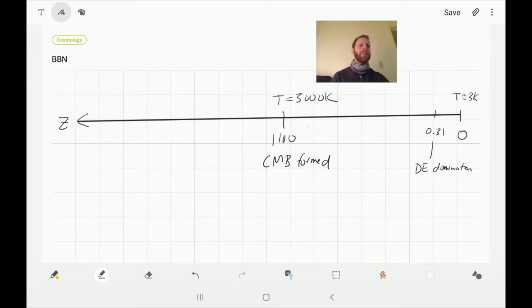And in between, interesting stuff happened, right? After the cosmic microwave background formed, after last scattering, there was the so-called dark ages, where structure was growing, but nothing interesting was going on. There were no planets, no stars, no nothing. Not dark energy, dark ages.